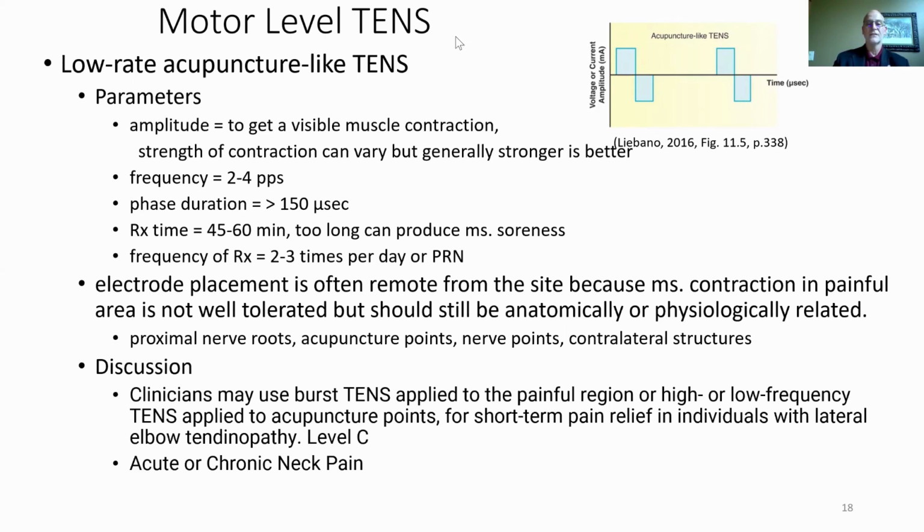That's one of the things that has a recommendation. And also with acute or chronic neck pain, which is also a level C recommendation. So we have sensory level and we have motor level. Both have their uses. One is not necessarily better than the other. They're supposed to have different mechanisms of action, but that still has to be worked out.